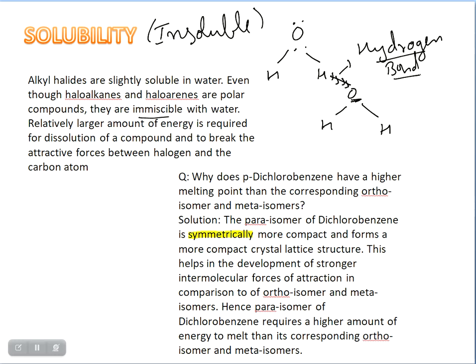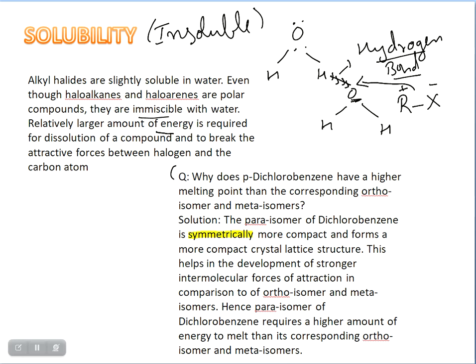It is a very strong bond. The intermolecular forces are strong. Now the haloalkane will try to break this bond, but it is not possible because it is a strong bond. Intermolecular forces are high, so more energy is required, so it cannot be soluble in water. You can see they are immiscible in water, because large energy is required to break the bond, and that's why they are insoluble or immiscible.